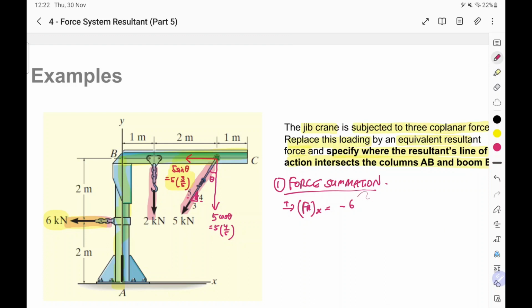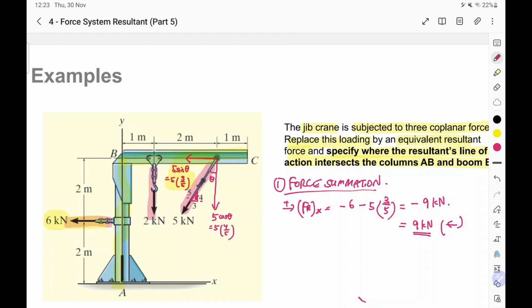So again in our equation it becomes -5 times 3/5. Are there any more forces acting in the x direction? No. All that you sum up using your calculator. So you get a value of -9 kilonewton. So -9 kilonewton indicates that the resultant force has a magnitude of 9 kilonewton and the direction of the load is pointed to the left because it is negative.